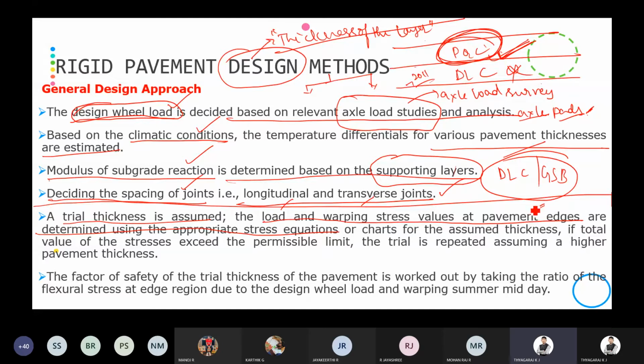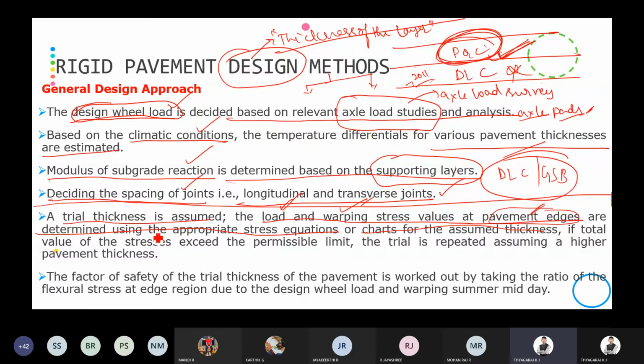So pavement edges are considered as the critical location. This is also one of the critical locations. So the edge stress because of the wheel load and warping stress are calculated using appropriate equations or charts for the assumed thickness. I am going to show that chart also when we are solving the problem.